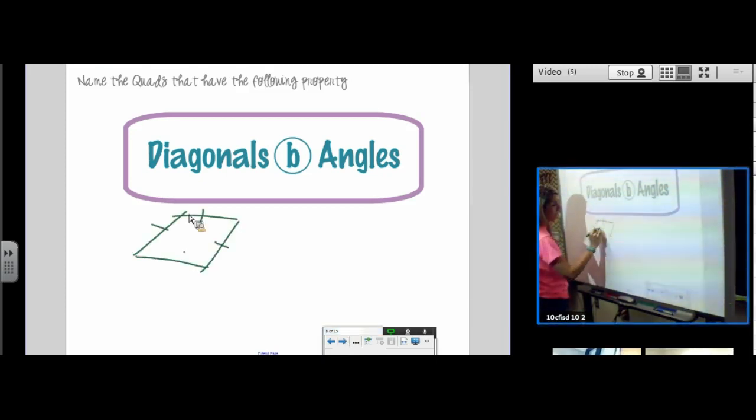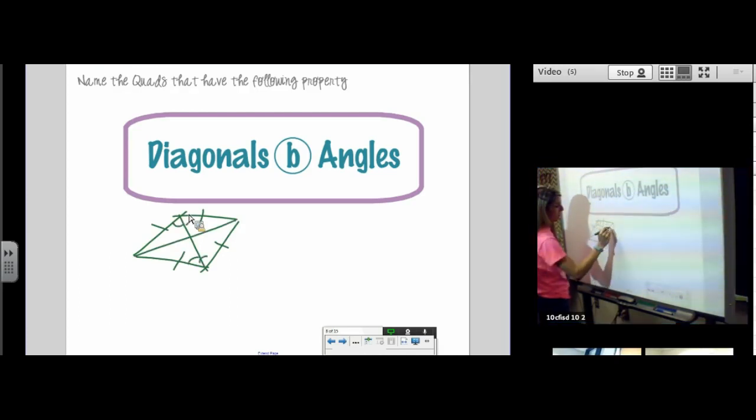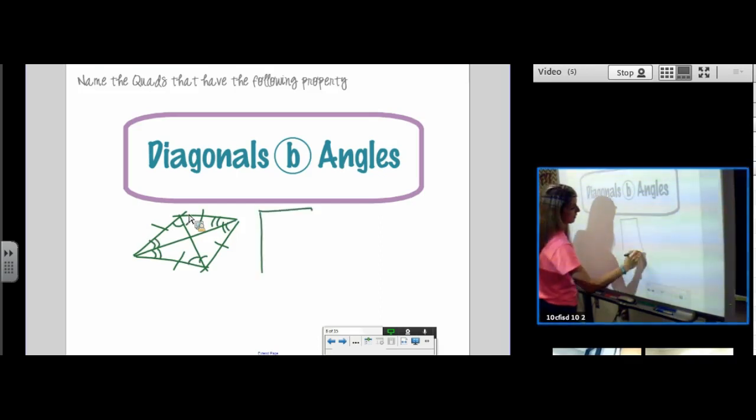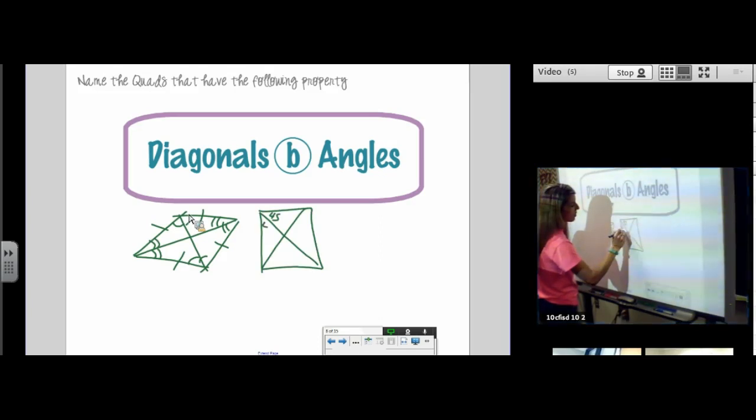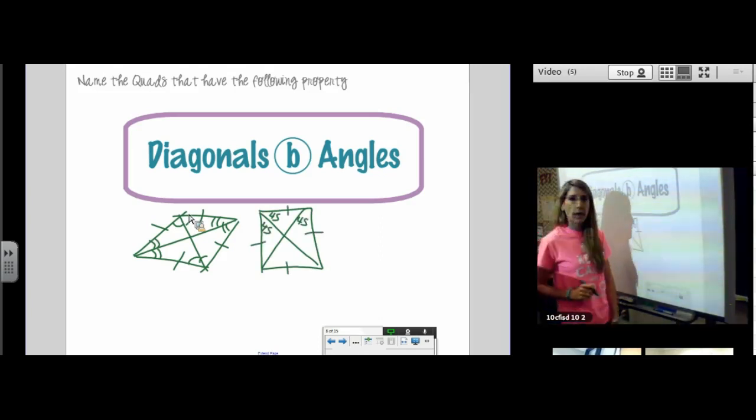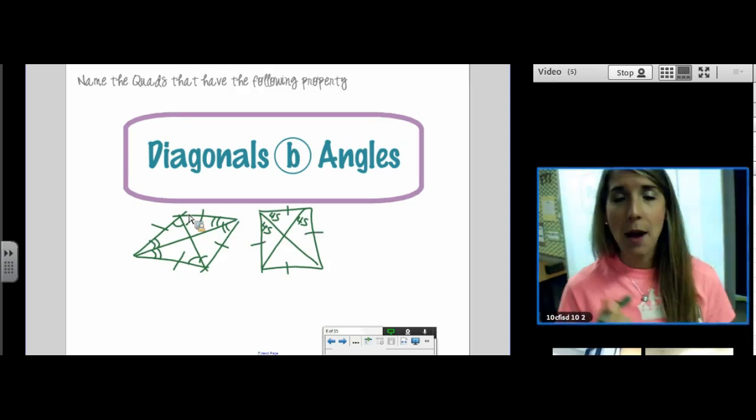But in a rhombus, the diagonals bisect the angles. And in a square, the diagonals bisect the angles. We even know the exact angles. They're all 45.